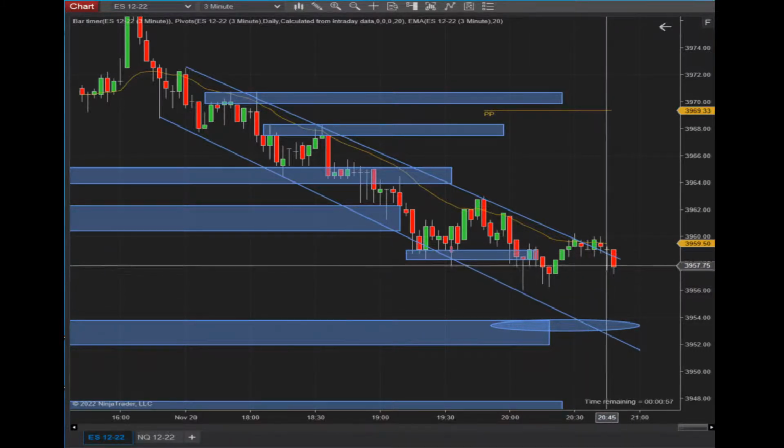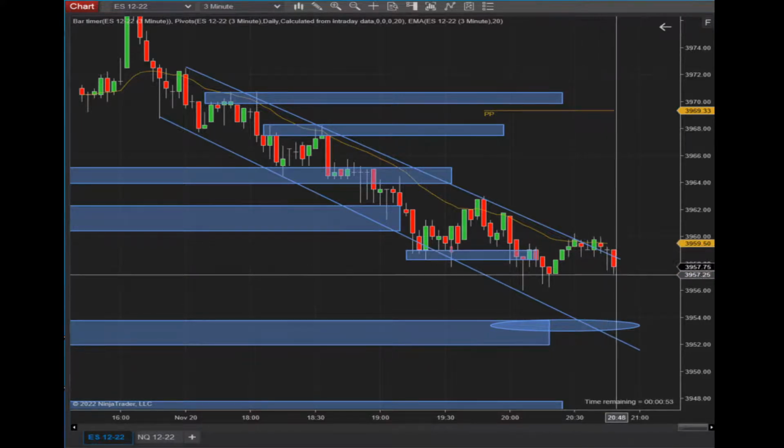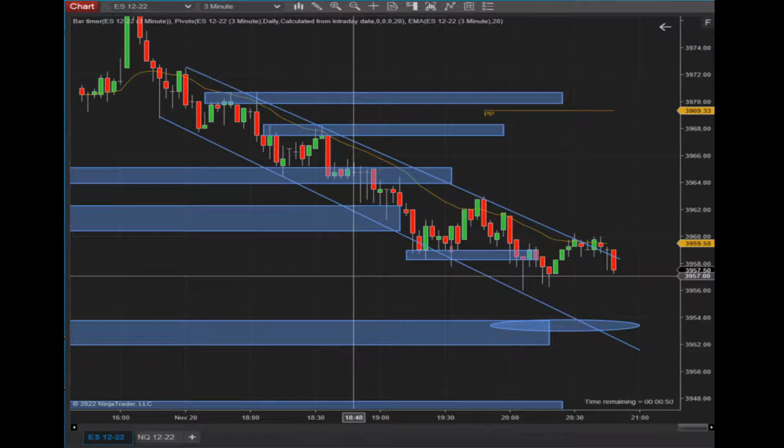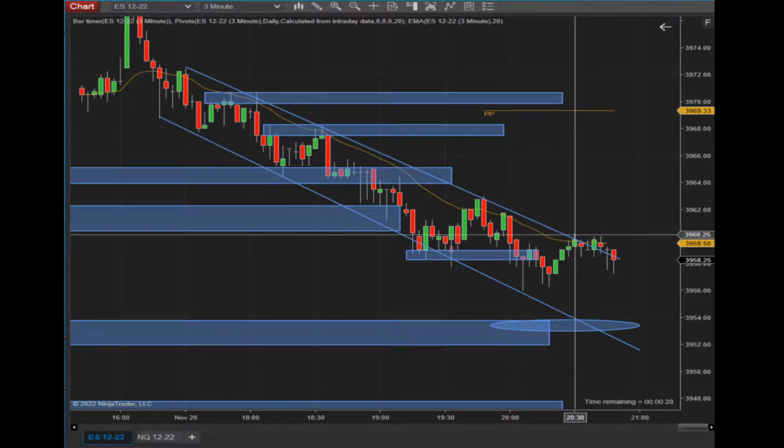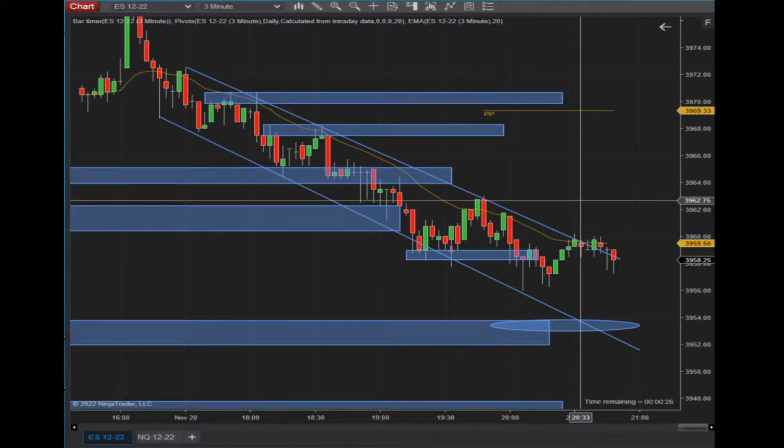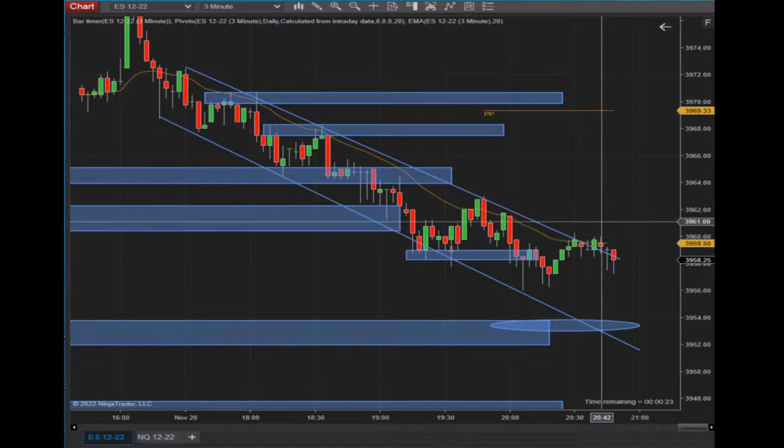Tried to come down this candle, got rejected, but there were no buyers up here, so it's coming down. There's no conviction here. I'd like to see some buyers come in, take it north of 60 at least, close up above 60.